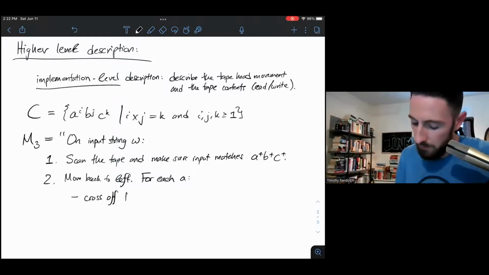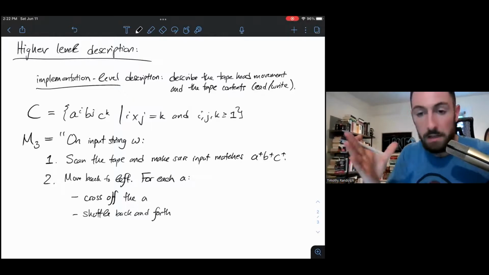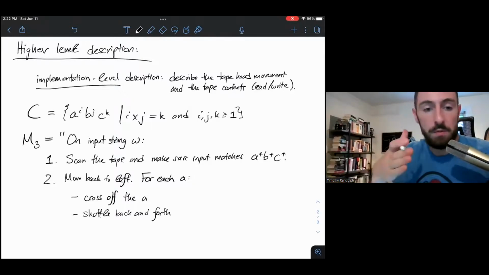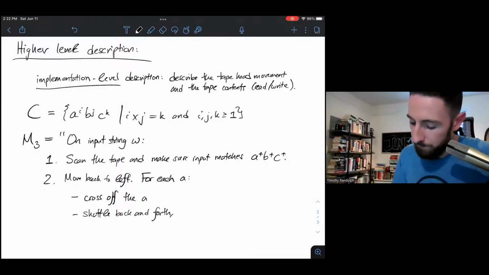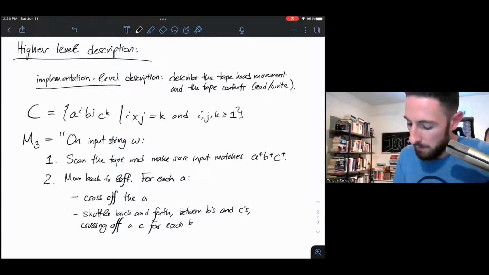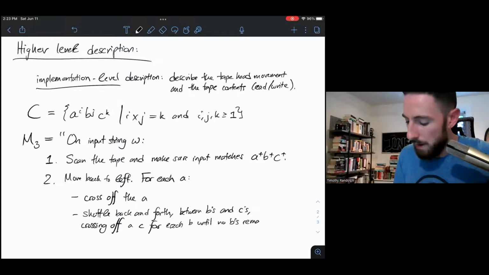Cross off the A, and then shuttle back and forth, meaning move all the way left, move back to the right, move left, move right, between B's and C's, crossing off a C for each B until no B's remain.